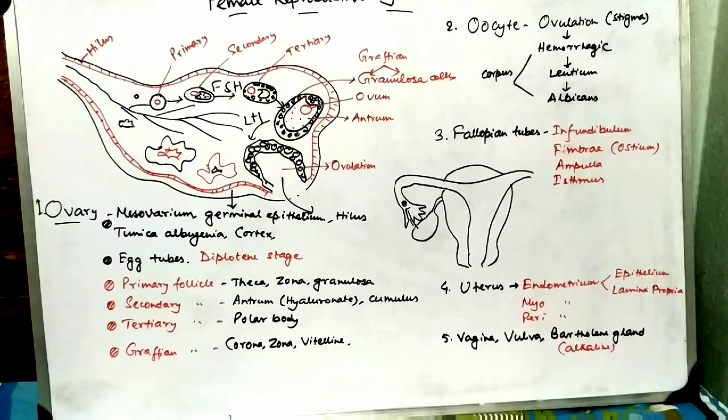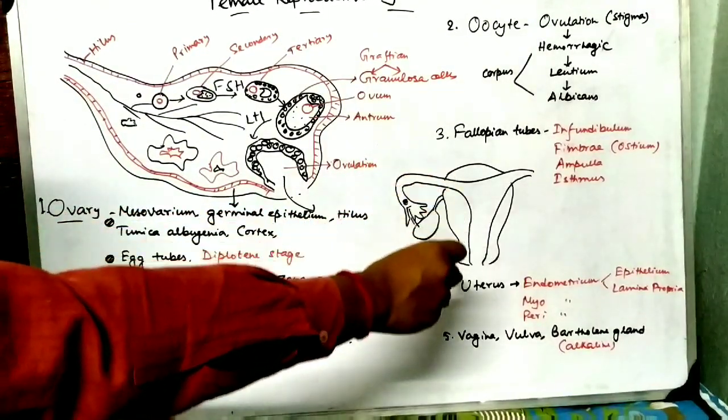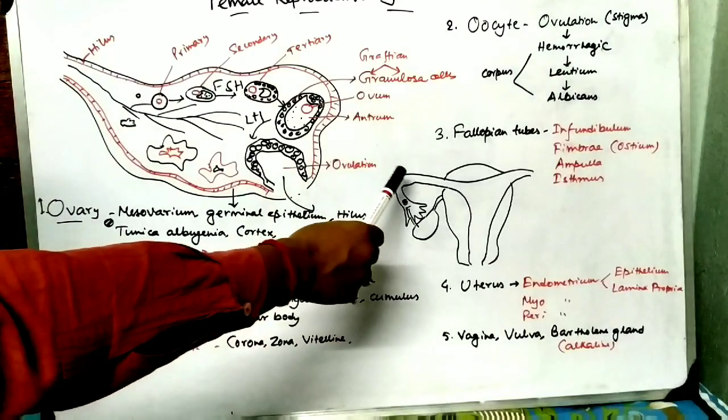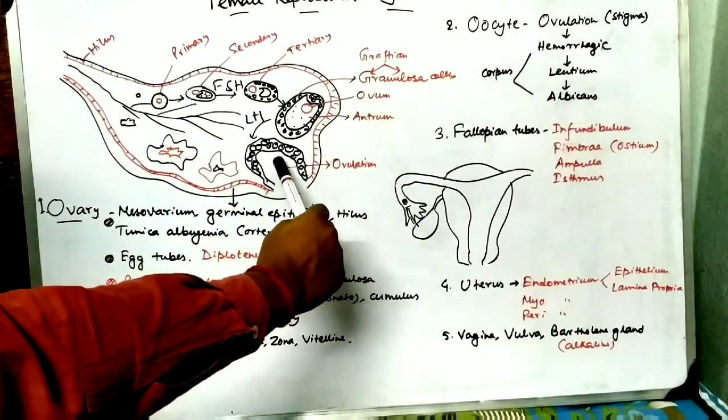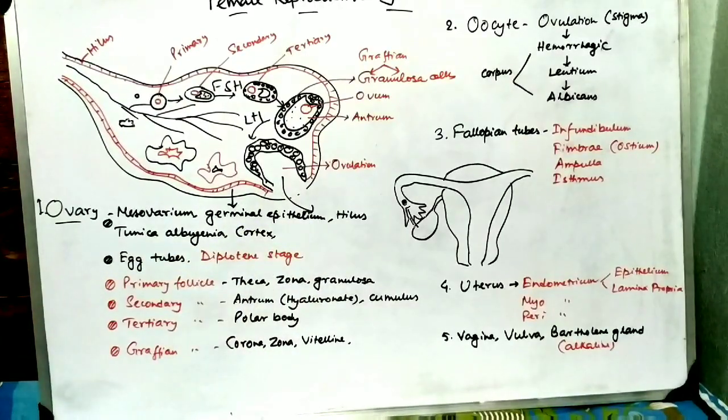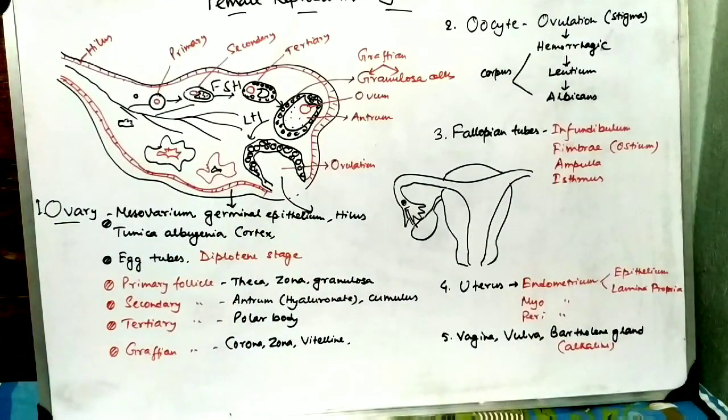If sperm is not present, the ovum will get out of the body, and if sperm is present at the ampulla, fertilization occurs after ovulation. So the ampulla is the second portion of the fallopian tube.